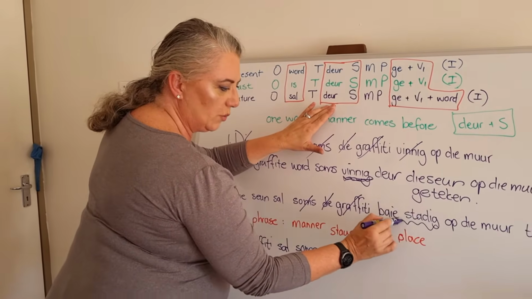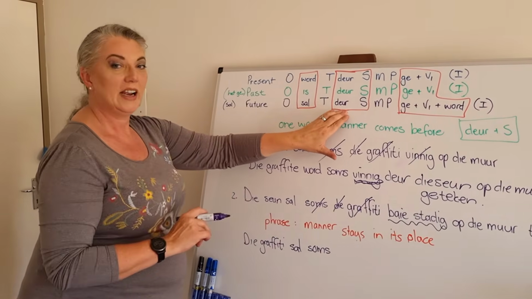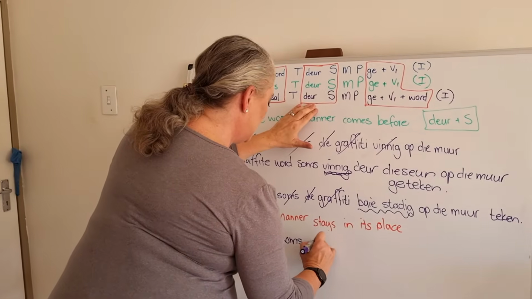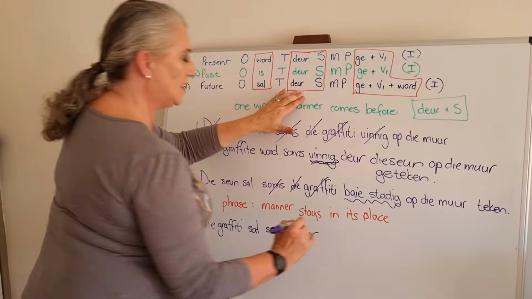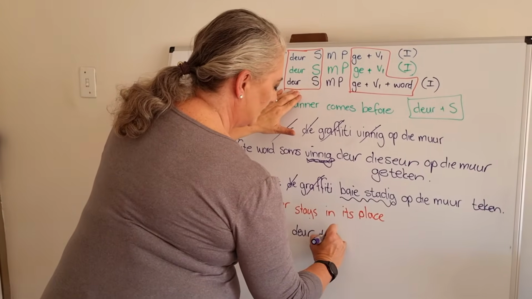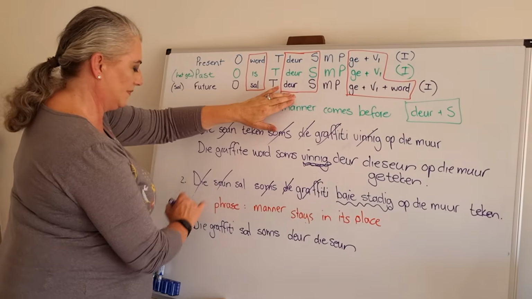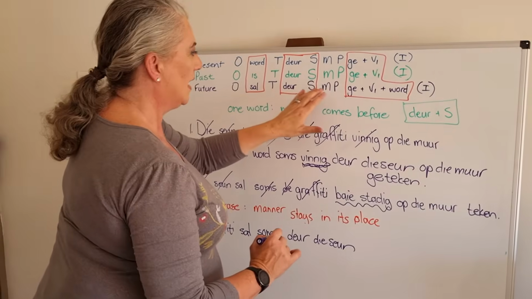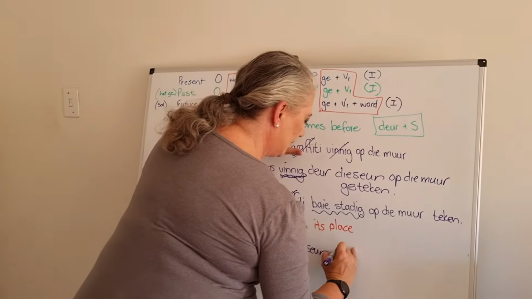There's more than one word. Do we change it? No. What comes next? Deur. Die seun is my subject. Die seun. Let's get rid of it. Manner. Baie stadig.